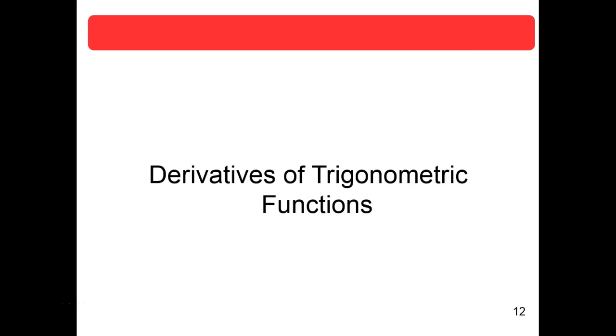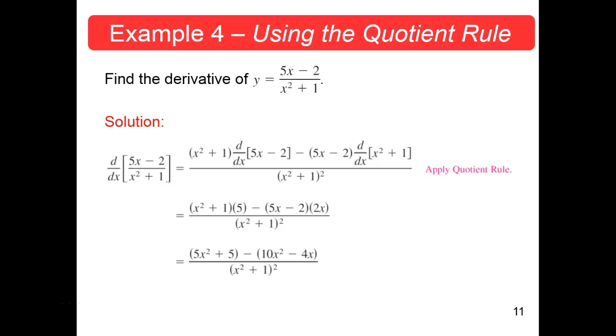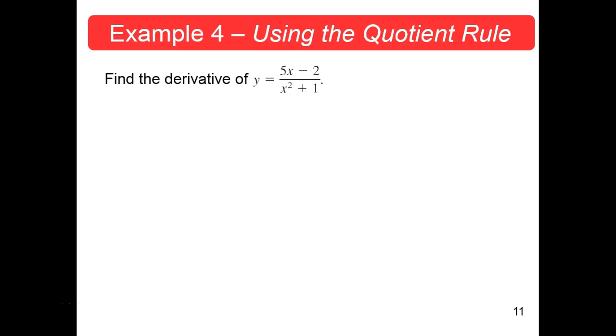Before we get to trigonometric functions, which we have already been doing, let's go back and do example 5. How are we doing on time? 4 minutes. Let's see. Don't believe we're going to have time to do example 5 in 4 minutes. Want to at least get it started, though.